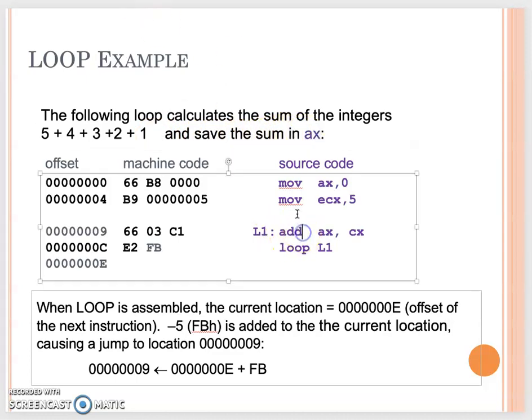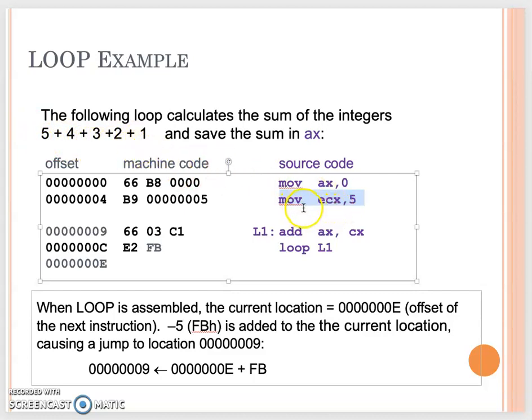Because AX will be the sum, just like in C++, you initialize the sum value to 0. Before you do the loop, remember that ECX by default is the counter. How many times you want to do it, you need to move that value to ECX. Since I want to add 5, 4, 3, 2, 1, I need to do it 5 times.